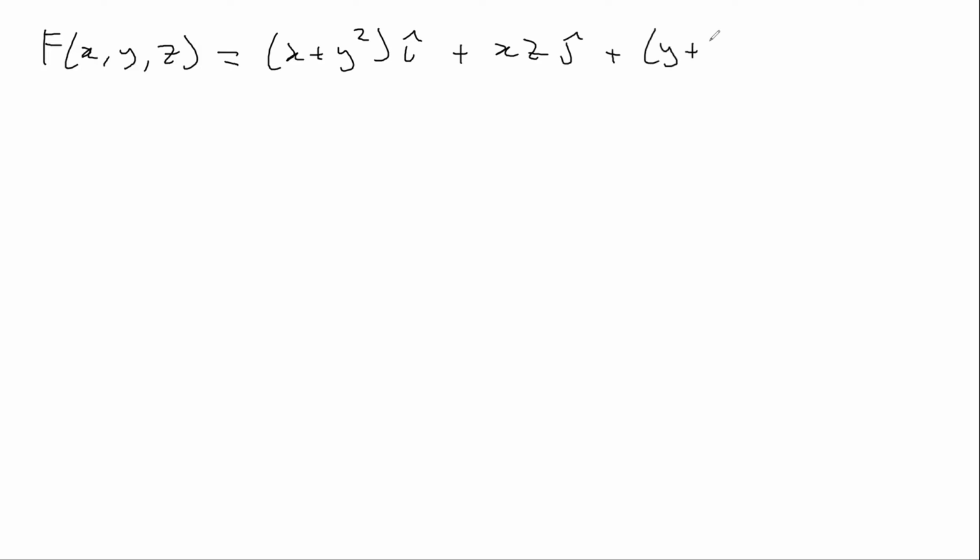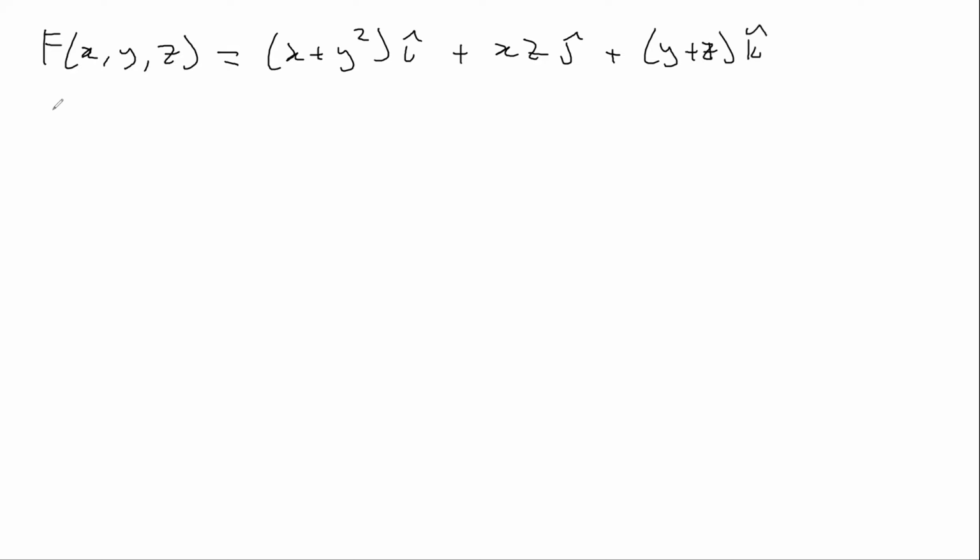Okay, so we've got the line integral given by the vector function r(t). We're given the function F(x, y, z) as x plus y squared in the i component, added to xz in the j component, plus y plus z in the k component.